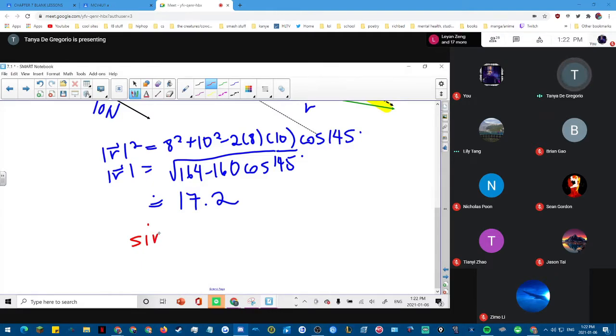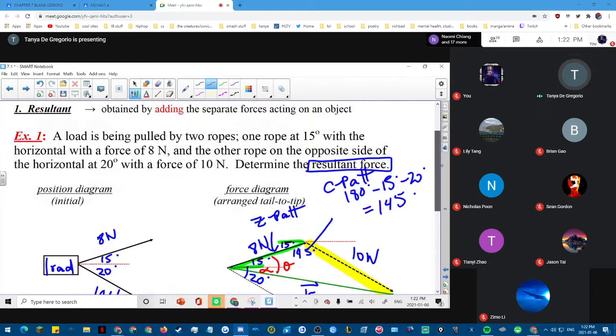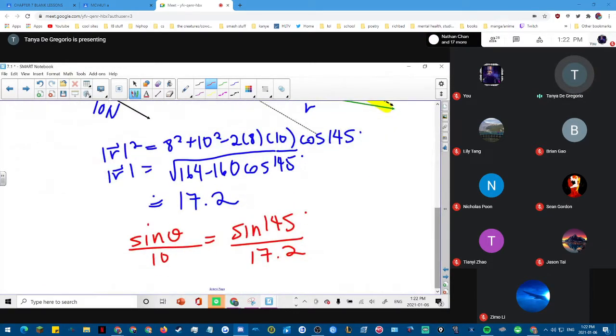So good, you're going to find the sine of the whole angle. Very good. Sine of theta over 10 equals sine of 145 over 17.2. So go ahead and find theta. Once we find theta, then we're just going to subtract to find our alpha. Cool? So go ahead and do that, and I'll be back in just one sec.